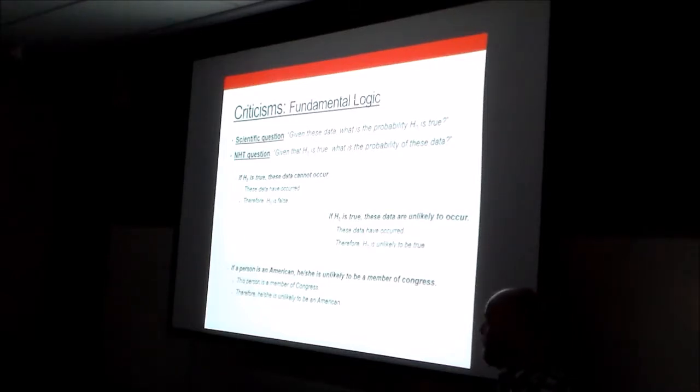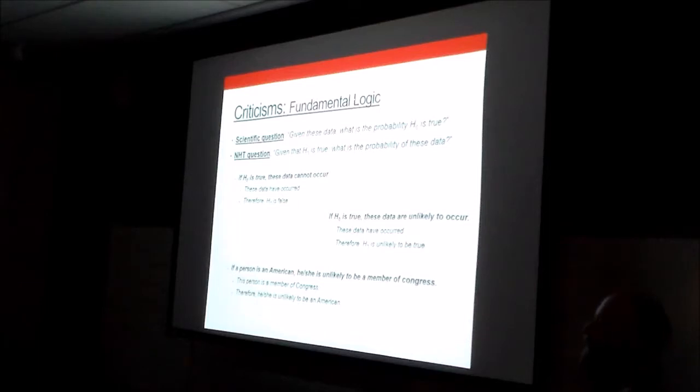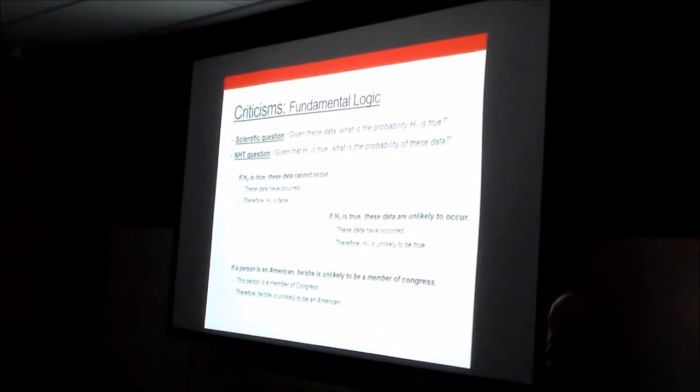This person is a member of Congress, therefore he or she is unlikely to be American. It seems silly, but this is exactly what we're doing with null hypothesis testing as a whole, right? So from a fundamental logic standpoint, null hypothesis testing isn't answering the question we want it to answer, but we pretend that it is, okay? People see where we get into trouble with the logic of this approach.